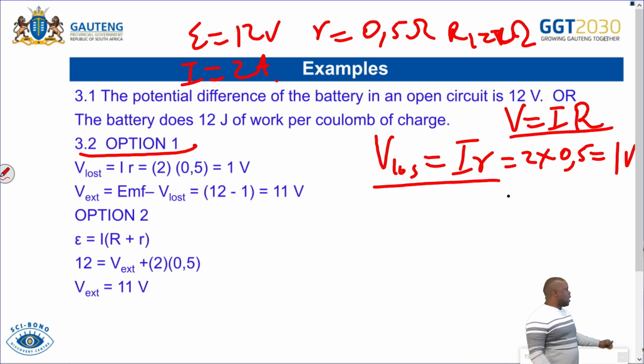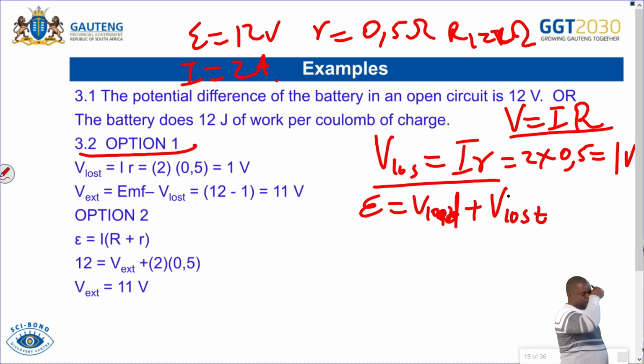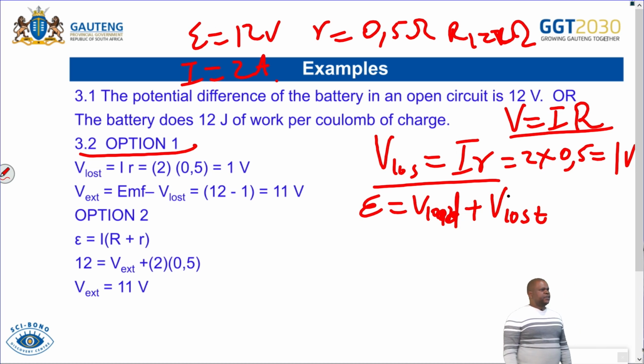Then we take that 1 volt. Then we're going to use this formula: E is equal to V load plus V lost.